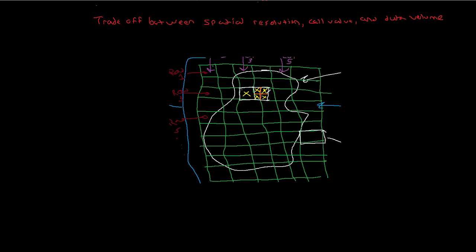Let that sink in for just a second. As we decrease the spatial resolution, as we shorten the length of one side of the pixel, the pixel value or the cell value represents smaller and smaller areas.